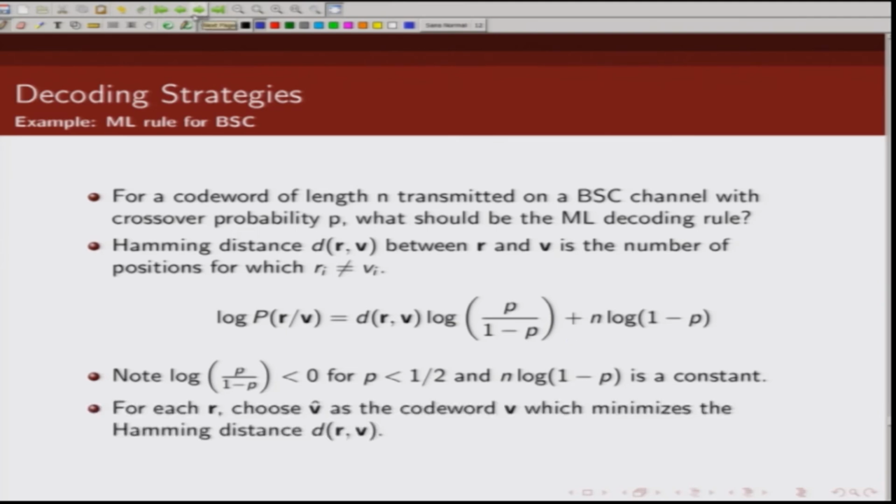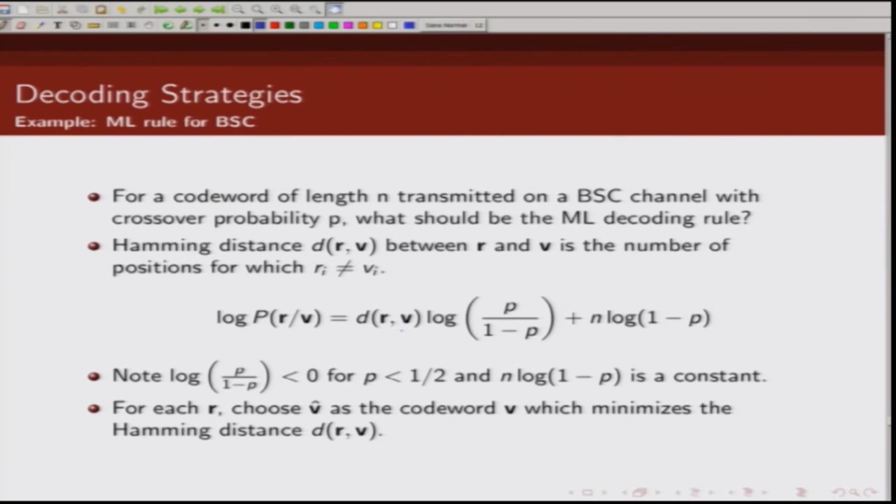So, this gives us a maximum likelihood decoding rule for binary symmetric channel. And what is that? We should choose a v such that d(r,v) is minimized.